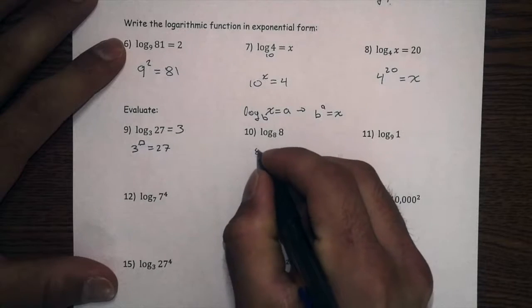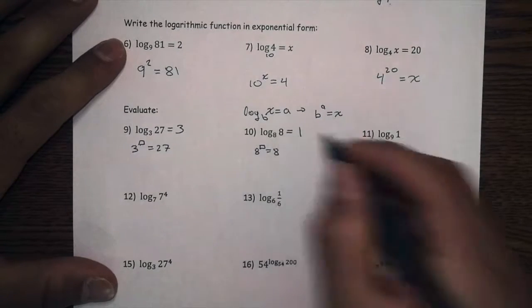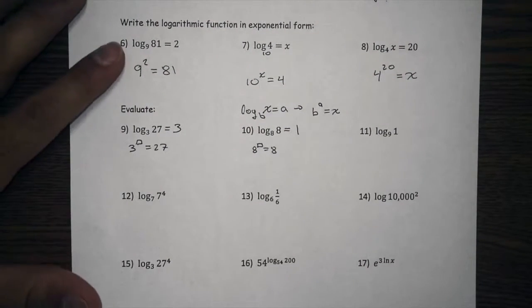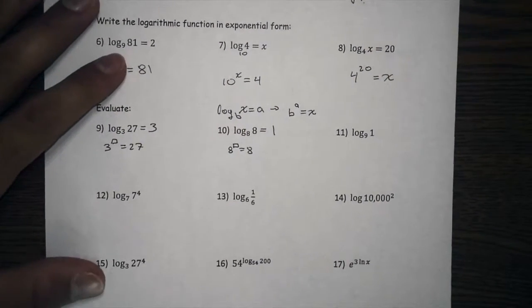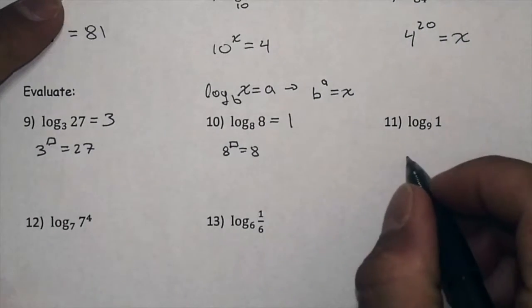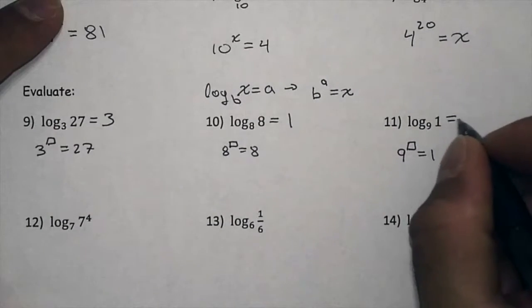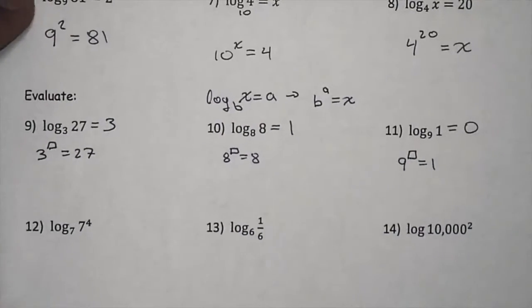Here we're saying 8 to what power equals 8? 8 to the power of 1. Number 11, we're saying what? 9 to what power equals 1? Well, anything to the power of 0 is equal to 1 except for 0.